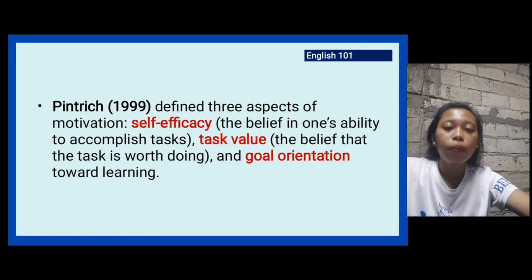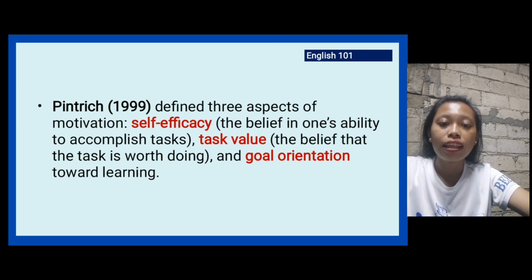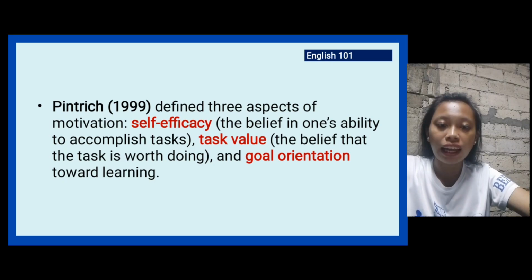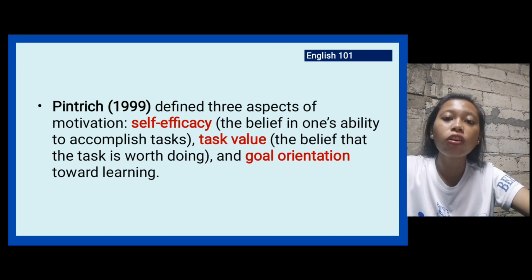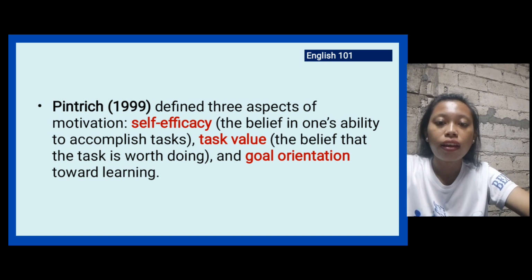According to Pintrich 1999, motivation has three main parts. First is the self-efficacy, believing you can do a task. Next is the task value, believing the task is important or worth doing. Next is the goal orientation, focusing on learning and improving.